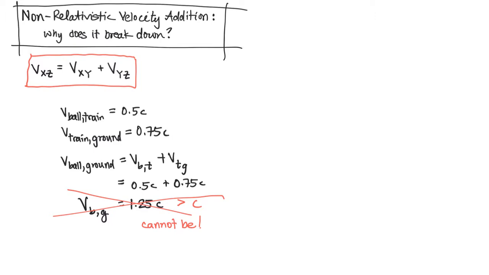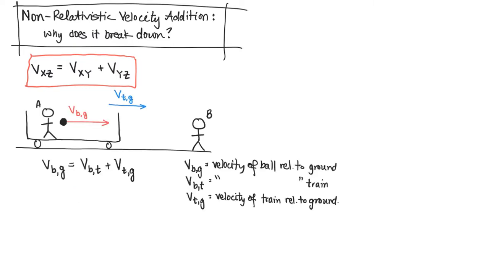The velocity of the ball and the velocity of the train add together to give you the velocity of the ball relative to the ground. So where's the flaw in the logic? We'll come back to our previous example where we have Alice on the train throwing a ball and the train moving relative to the ground, and we have labels for these velocities.